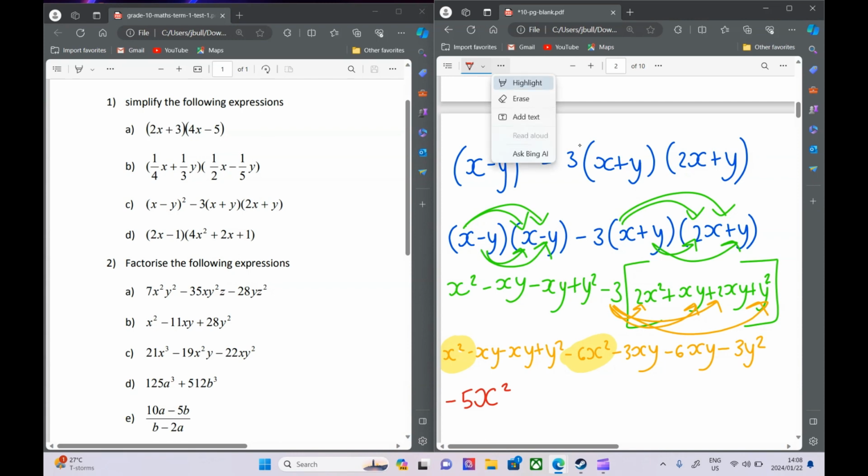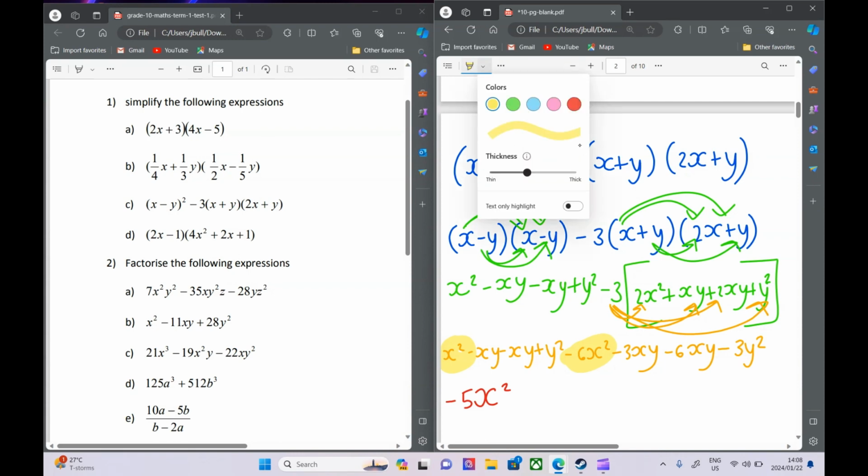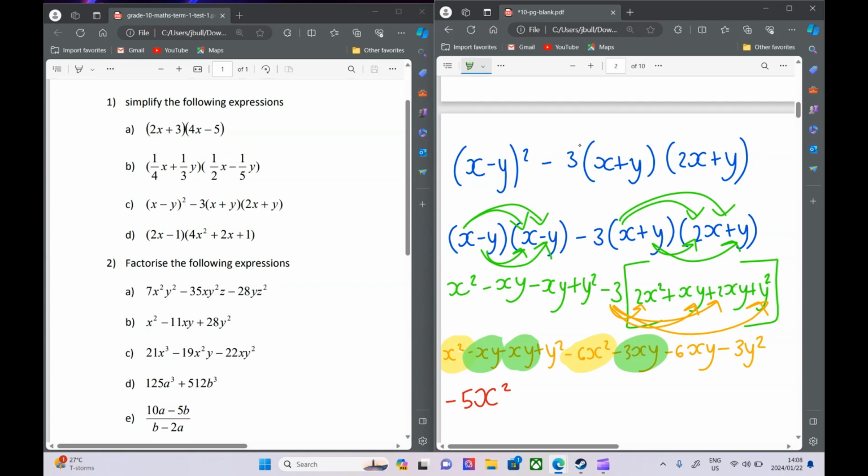Next up, let's see. We've got xy. So minus xy, minus xy, minus 3xy, minus 6xy. Let's add those all up. Okay, so minus xy minus another xy, that's minus 2xy.